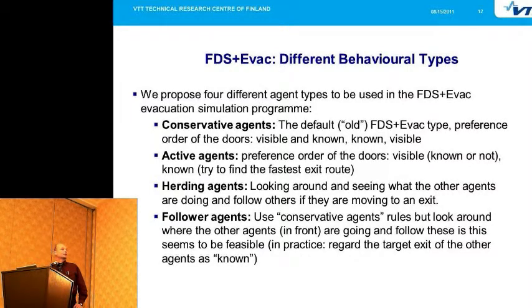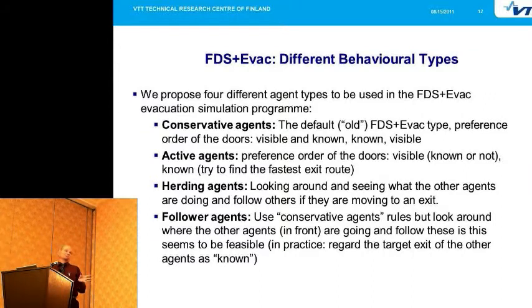One is conspiracy agents, or the old type which is in FDS+Evac, which tries to choose the best door which they can find, so which they have preference list that they prefer known doors, and then they prefer also visible doors.